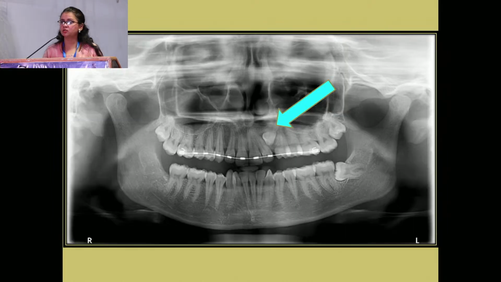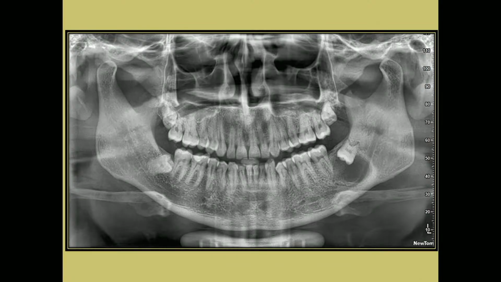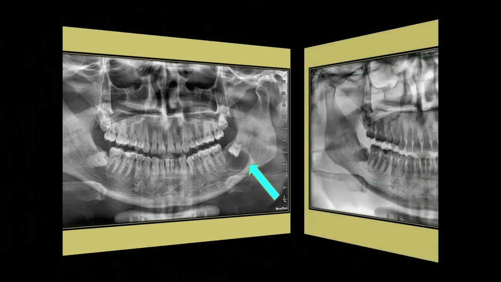Whether the radiolucency is buccally placed or lingually placed, we cannot comment on that.